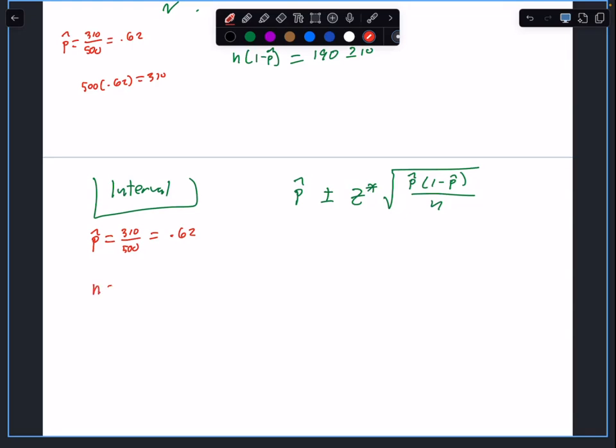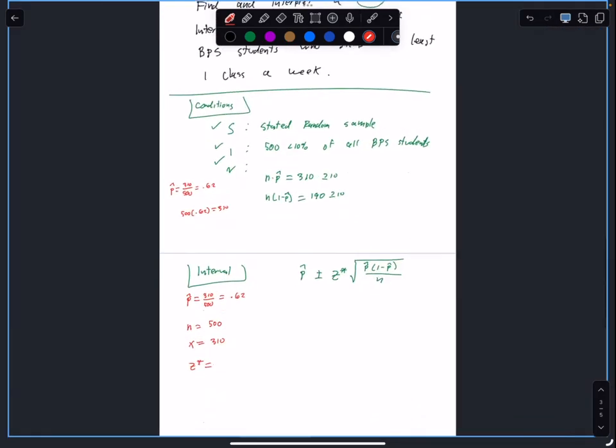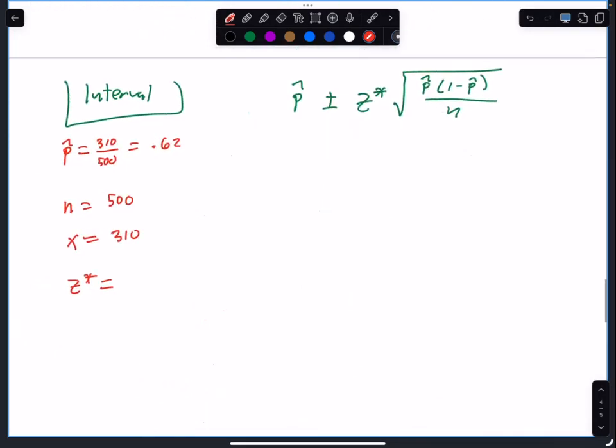What else do we need to know? We need to know n is 500. X is 310. And Z star, remember, we're doing a 90% confidence interval. So what is the Z star that I'm going to use? I'll pause so you can tell me. 1.645.